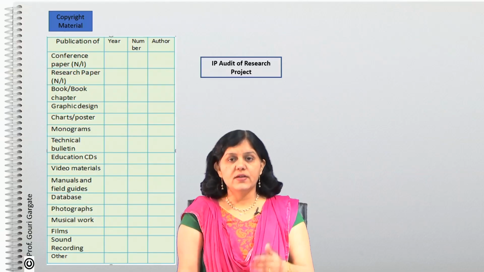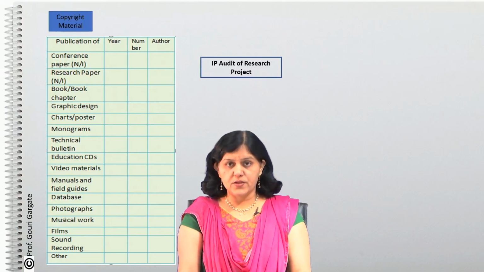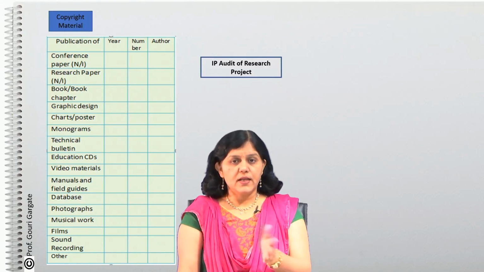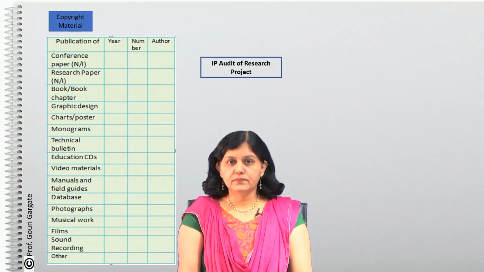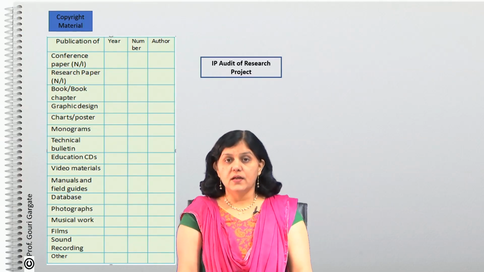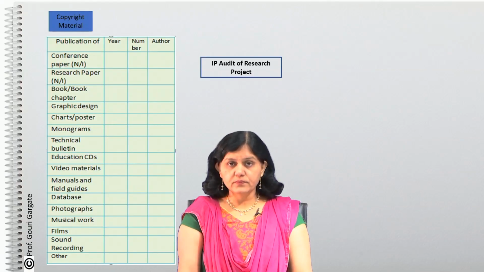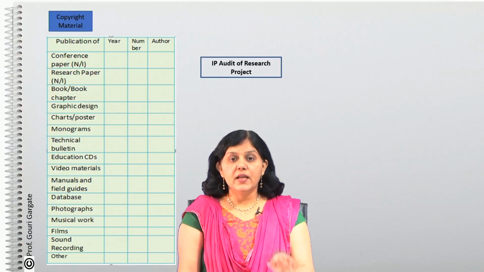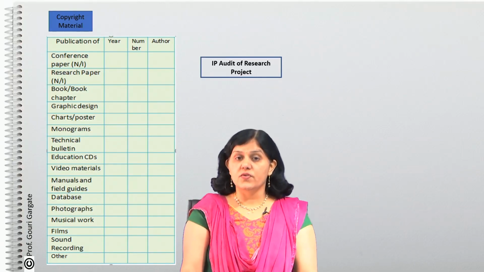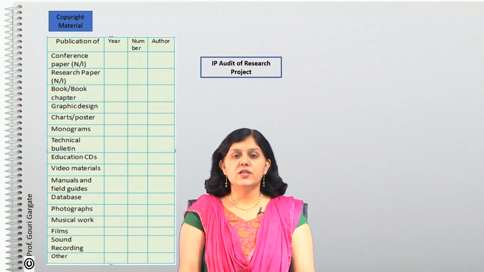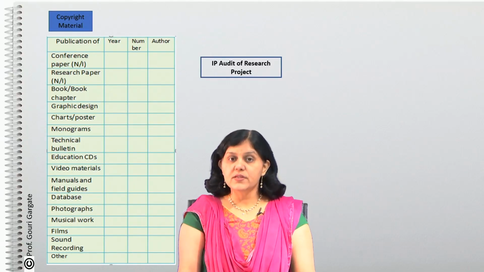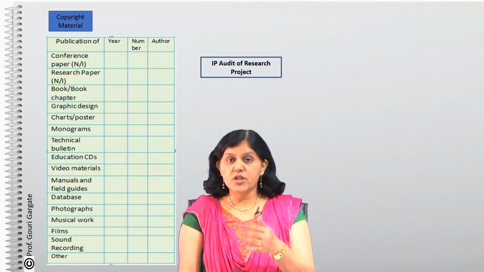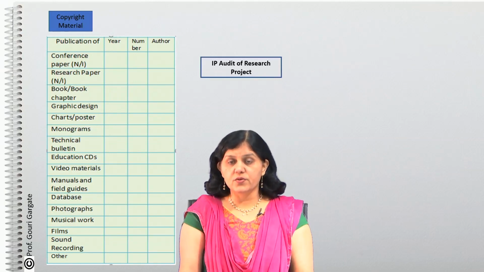As this framework is designed keeping in mind the academic institute, copyright of an academic institute can first be the conference papers, national or international, research paper publications, again national or international, book or book chapter, then graphic designs, if any, such as posters or charts presented in conferences, monograms published, any white papers if they are produced, then any technical bulletin published, or any education related videos created in the institute or organization.